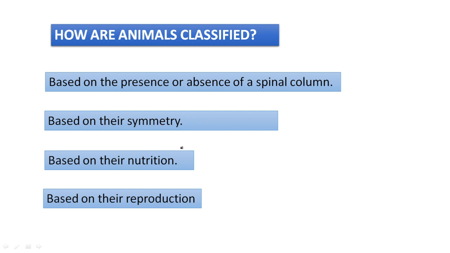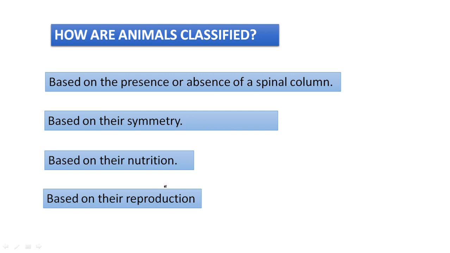Okay, so how are animals classified? Well, to classify them, we need to put every type of animal in the different taxonomic categories. As you remember, we have the kingdom, phylum, class, order, family, genus, and species. So to classify them, we need to pay attention to some characteristics.